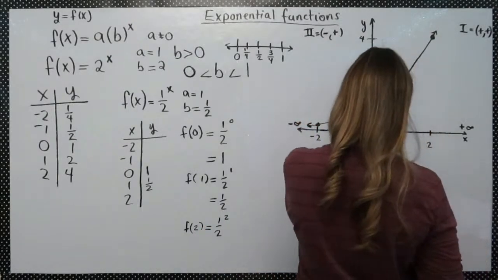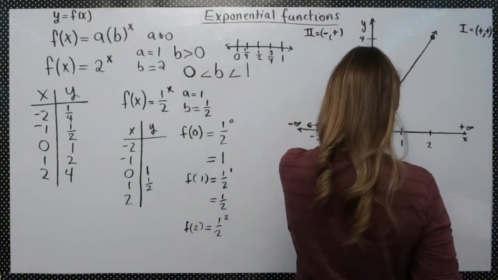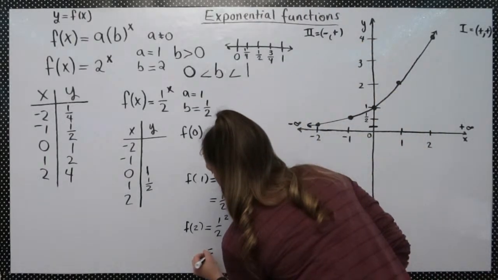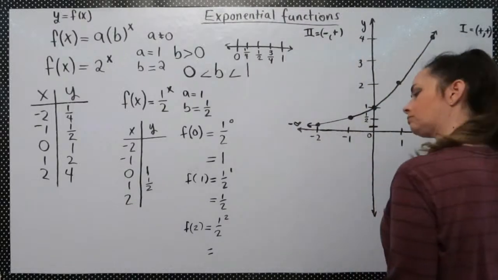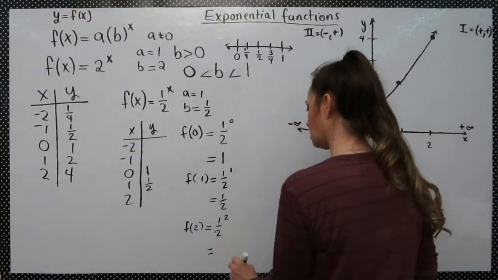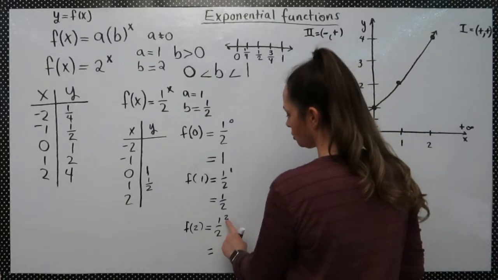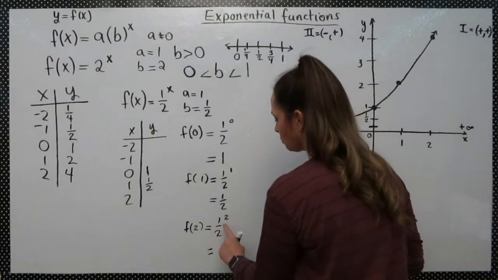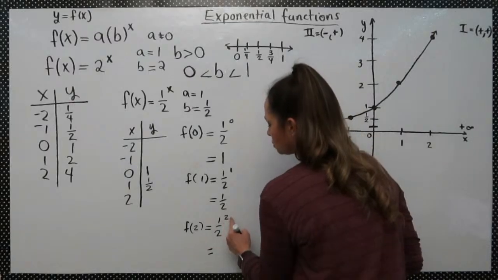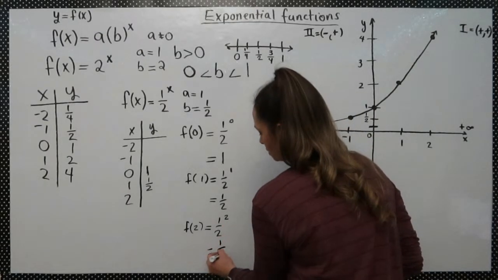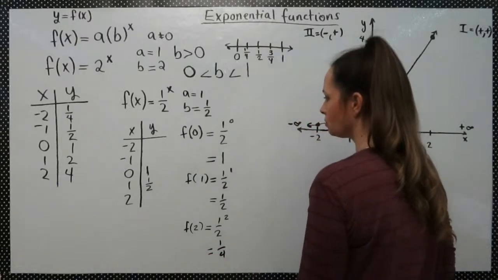Now, when you square a fraction, you're going to square the numerator and you're squaring the denominator. So you just have to square both. But 1 squared is just 1. And then 2 squared is 4. So f of 2 is 1/4.